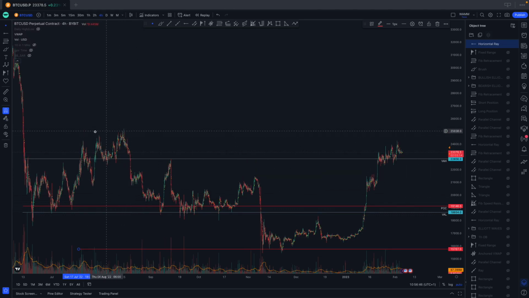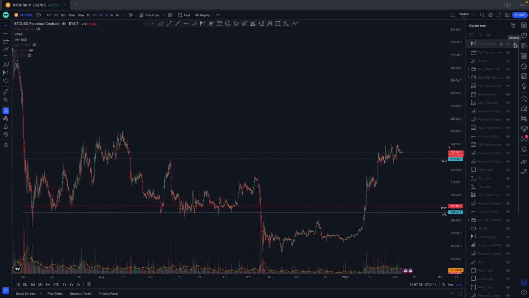We didn't have the volume to move higher. At this point, we don't really have that volume either yet, and if we won't see it, we will probably just dump down. But it can change.